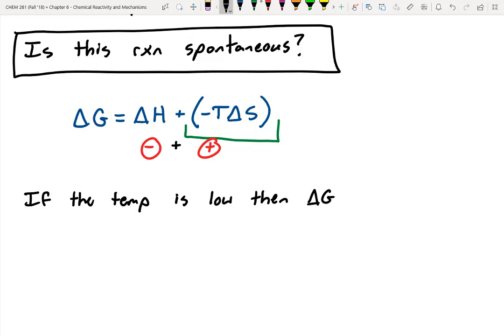It's going to be negative, right? Because if temperature is really low, that negative T delta S portion of the equation is going to be pretty insignificant. It's going to be a very small value. So if the temp is low, then delta G is going to be negative, and the reaction will be spontaneous or non-spontaneous? It'll be spontaneous.